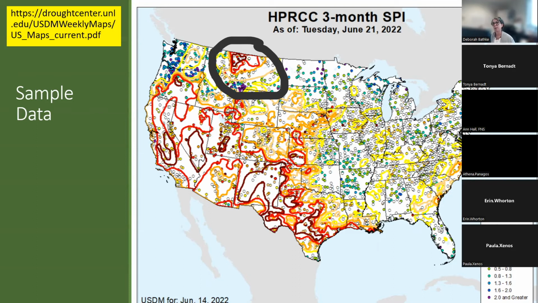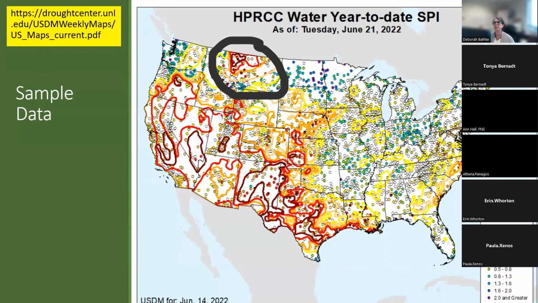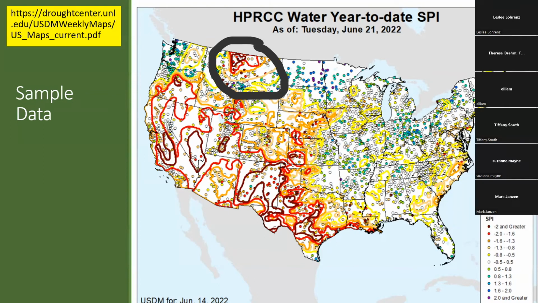So at 3 months, normal means they're not having any precipitation deficits. If we go out to the water year to date, so from October 1st, that's what is used in the West a lot of times, we can see that in that eastern part of that area, conditions are a little bit better.